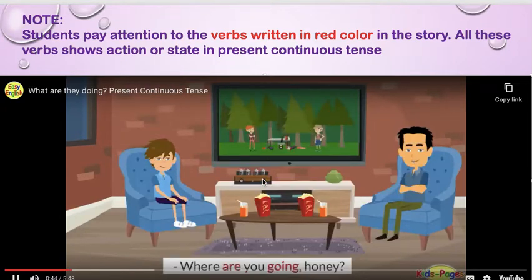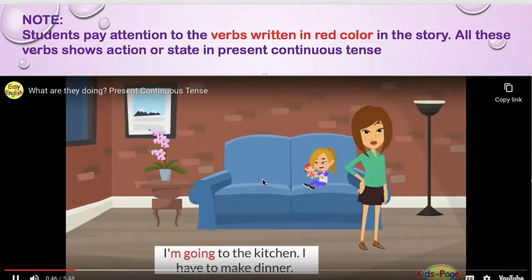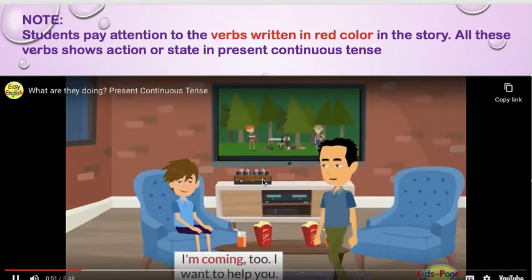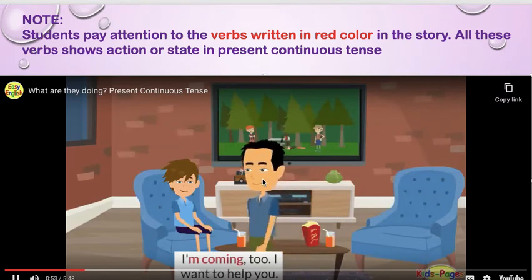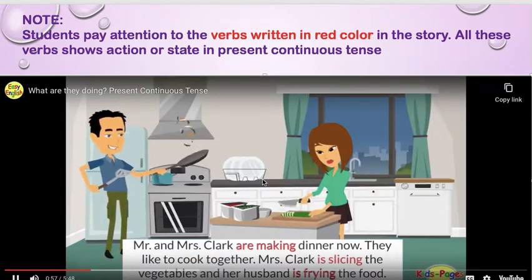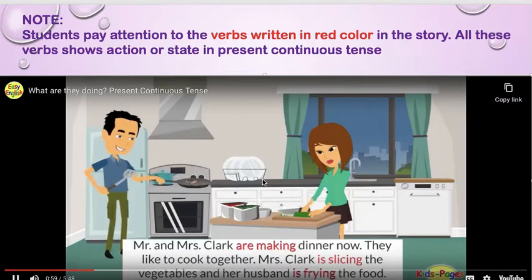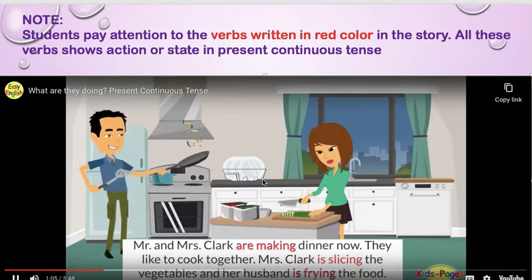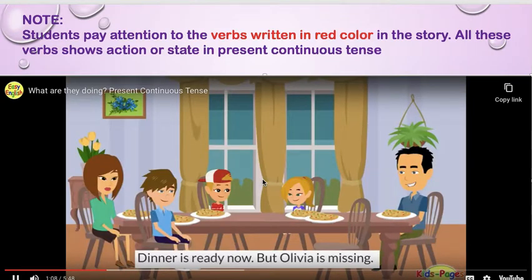Where are you going, honey? I'm going to the kitchen. I have to make dinner. I'm coming too. I want to help you. Mr. and Mrs. Clark are making dinner now. They like to cook together. Mrs. Clark is slicing the vegetables and her husband is frying the food. Dinner is ready now.